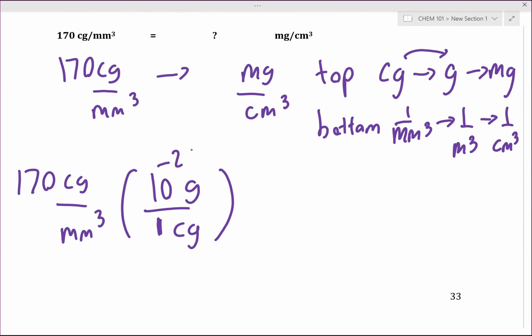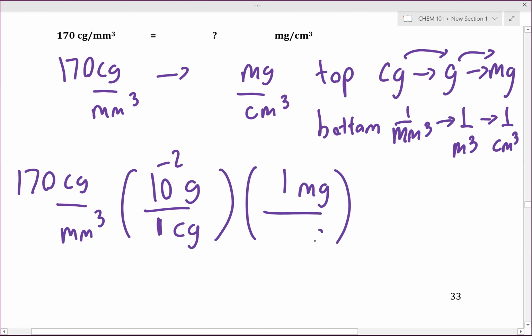Okay, let's continue on. So we're going from grams to milligrams. What units need to be on top? Milligrams. Okay, and in 1 milligram, there are how many grams? Yep, 10 to the negative third. Now on the bottom, we have a composite unit, so we're going to have to be a little bit careful here. In order for millimeters cubed to cancel, let's ignore the cube just for a moment.